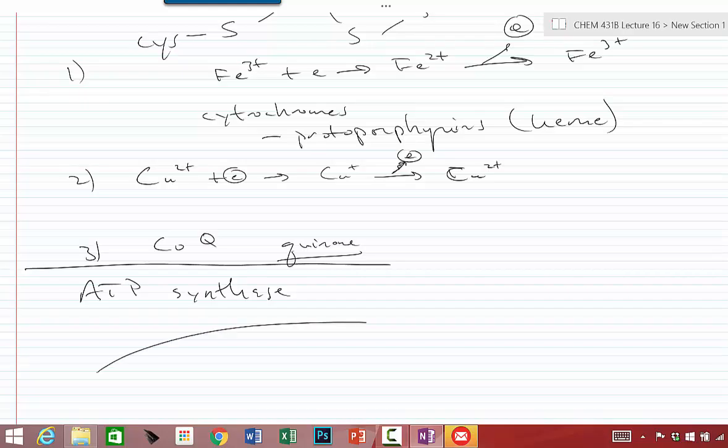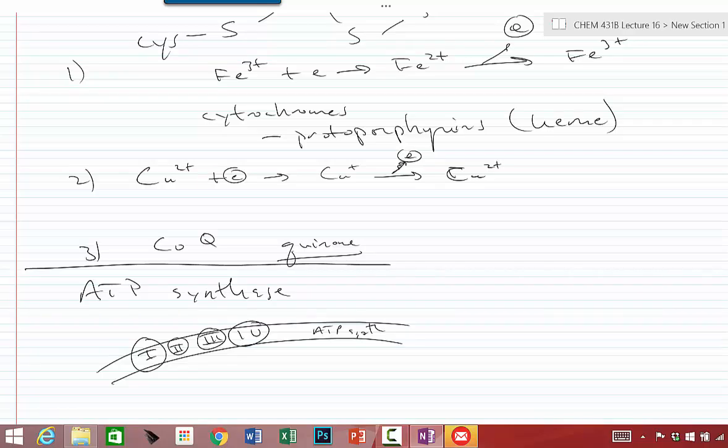And so recall that we've got complex 1, we've got complex 3, we've got complex 4, and then we've got ATP synthase. I know we have complex 2 as well, so here's complex 2.